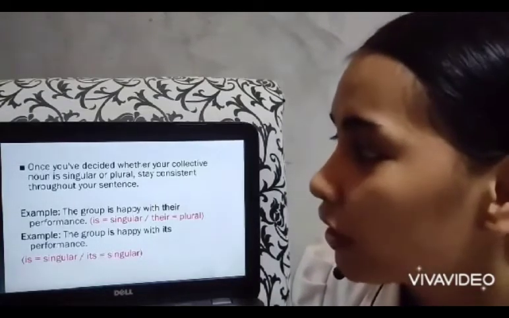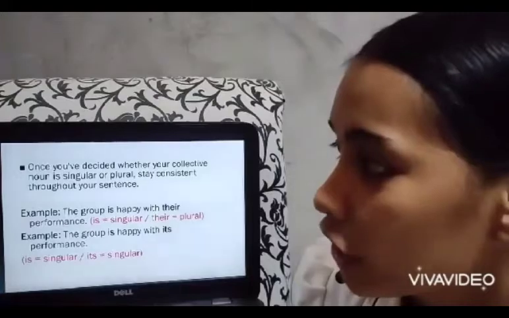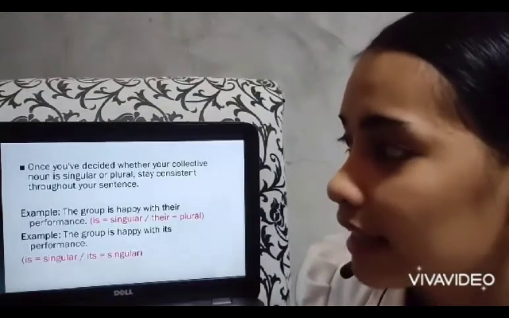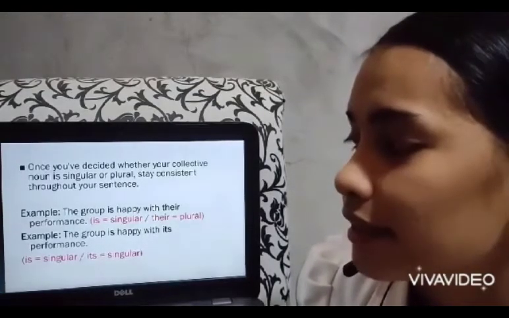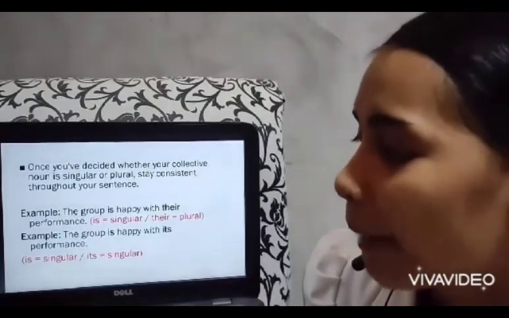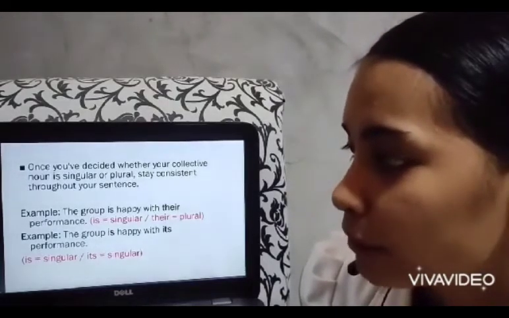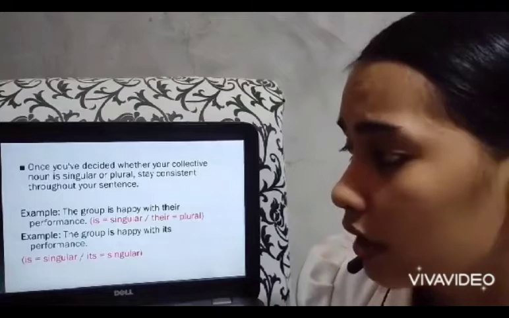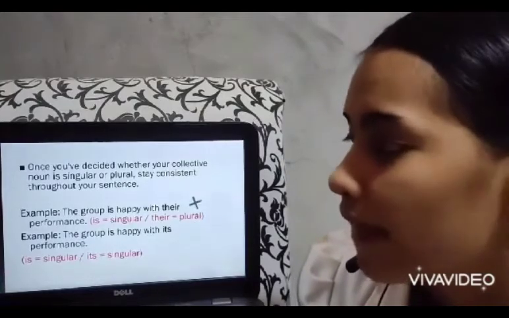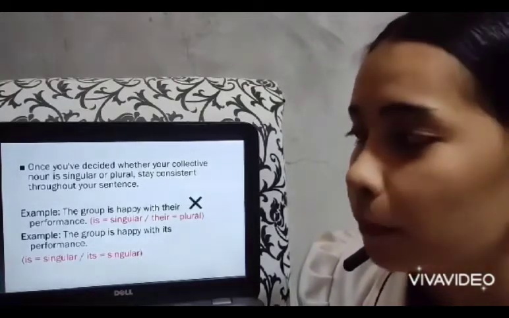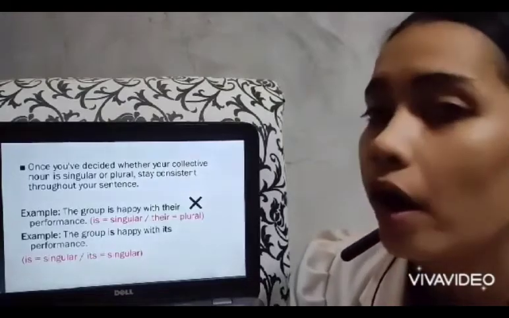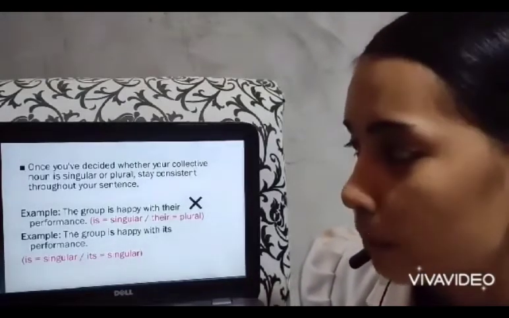Once you've decided whether your collective noun is singular or plural, stay consistent throughout your sentence. Example, the group is happy with their performance. Is is singular and their is plural. That is why this sentence is wrong. We can use: the group are happy with their performance.